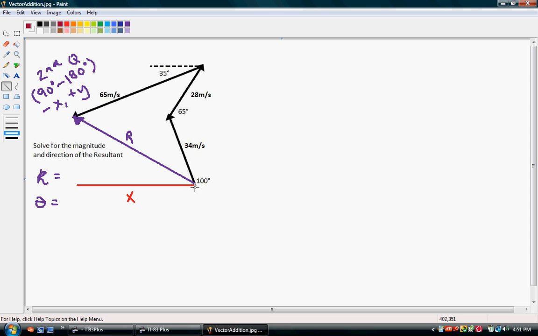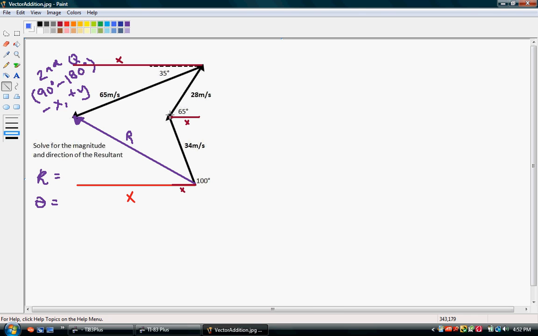So notice that this vector went over to the left, so it should have a negative x displacement. This one went over to the right, so it should have a positive x displacement. And this one went over to the left as well, so it should have a negative displacement.